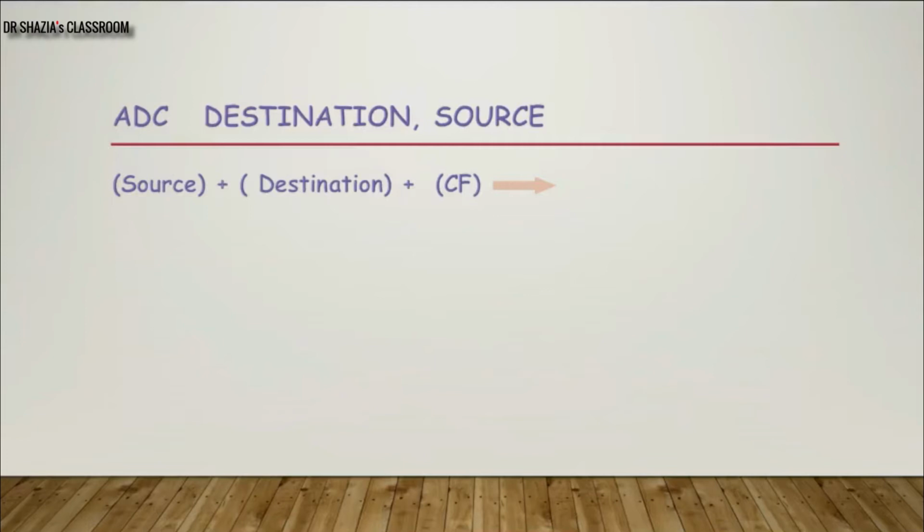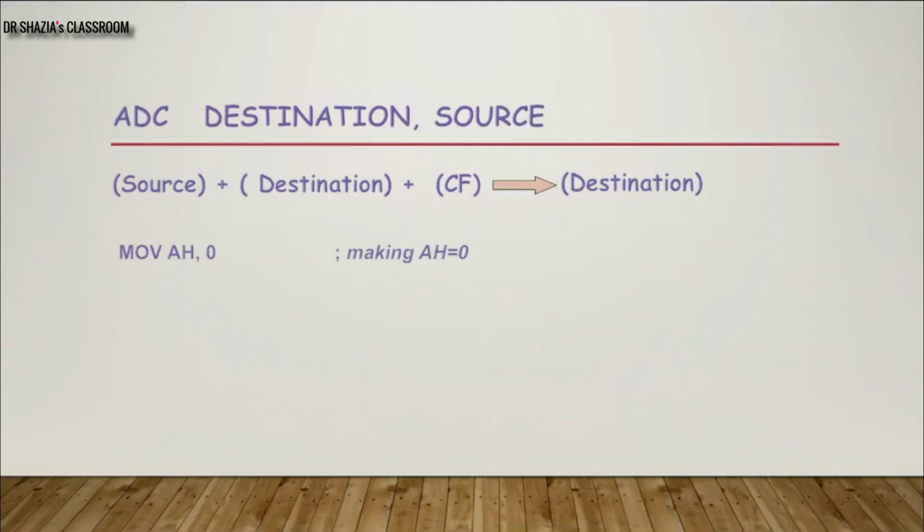So whatever you have in your carry flag will be added to the content of your source and destination, and the result will be stored in destination. Here also the source could be immediate data, a register or a memory location, and the destination must be a register or a memory location.